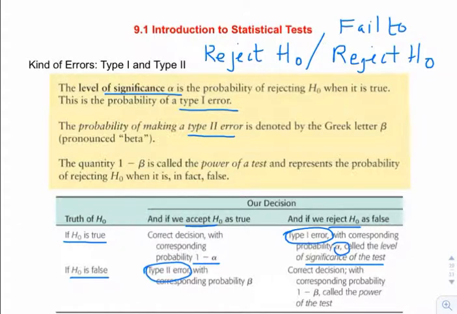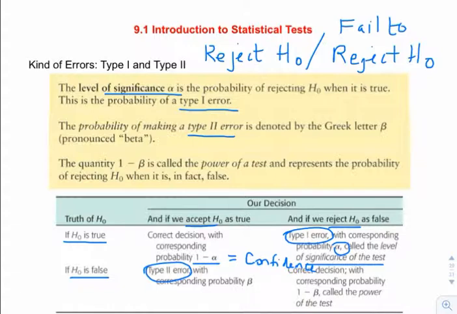If we look over here at 1 minus alpha, if your null hypothesis is true and you accept it as true, you don't reject it, you made the correct decision. The probability is 1 minus alpha. You can think of this as your confidence level. One minus alpha is the confidence level. So we're used to the confidence level from chapter 8.